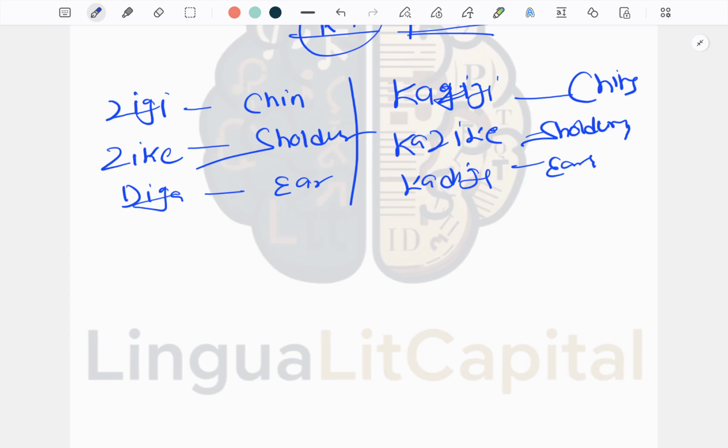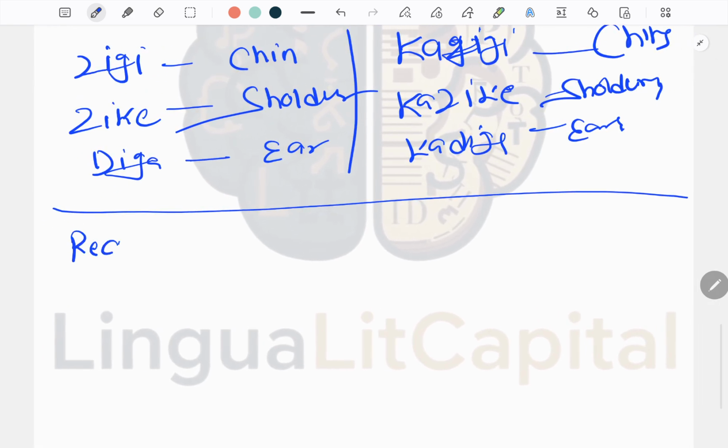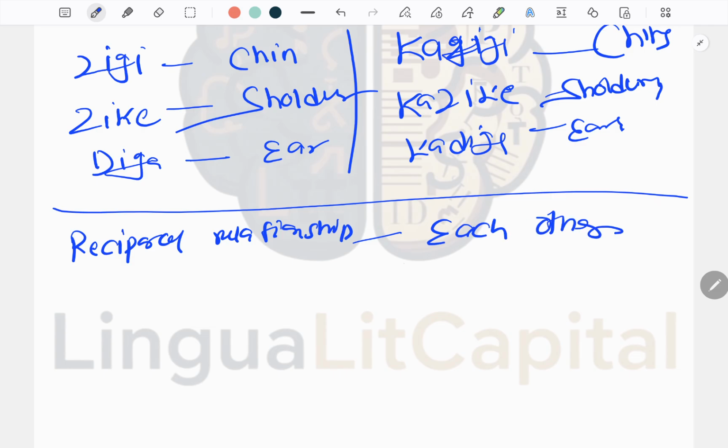In the same way, to express a reciprocal relationship, in English we use the phrase each other, as in understand each other, love each other.